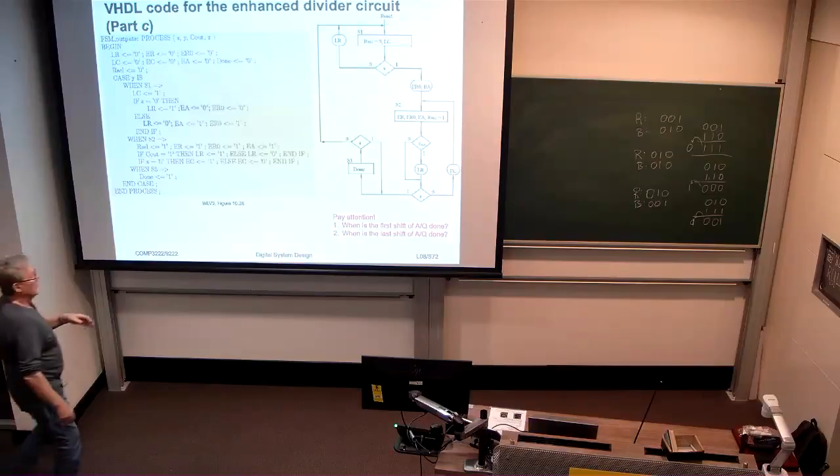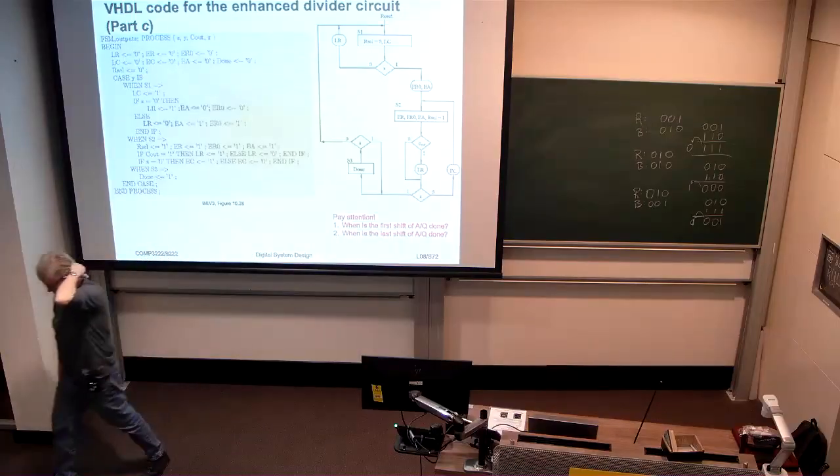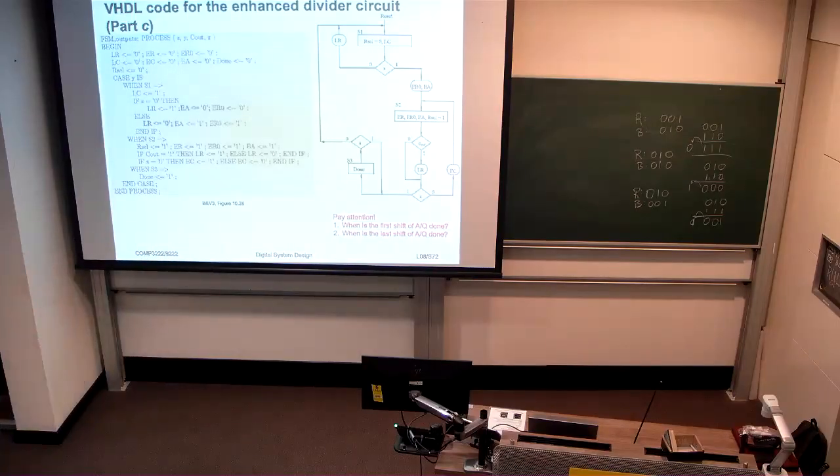When is the last shift of the AQ register done? I understand it's very detail-oriented to ask these questions, but these are crucial in terms of the correct hardware behavior.